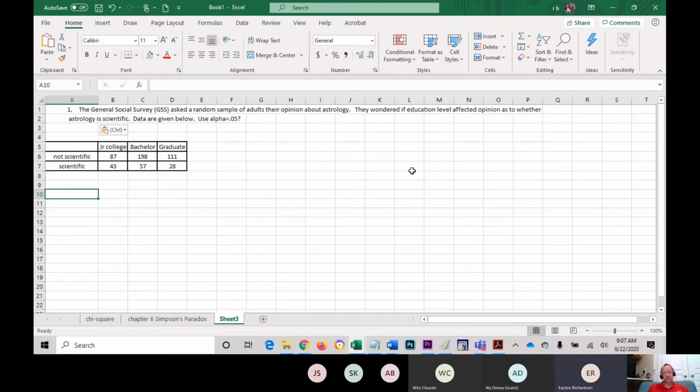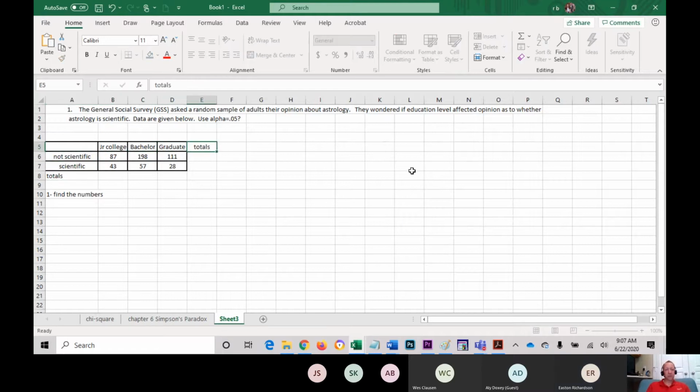So we need to find the numbers. We need to get the totals for the different columns and the different rows.